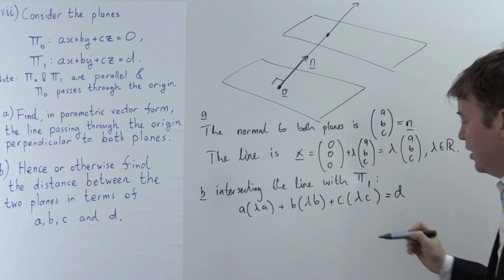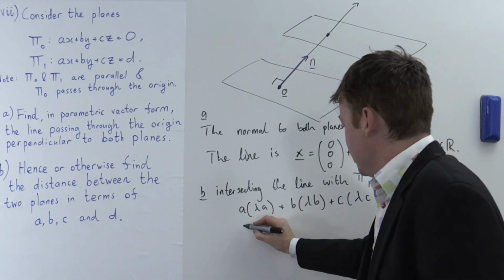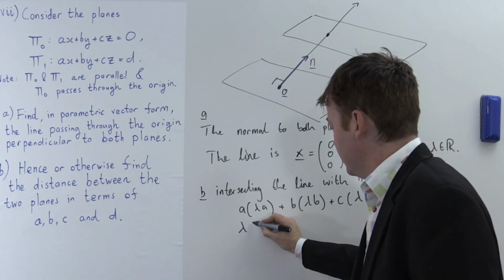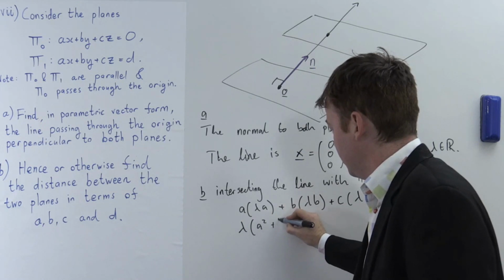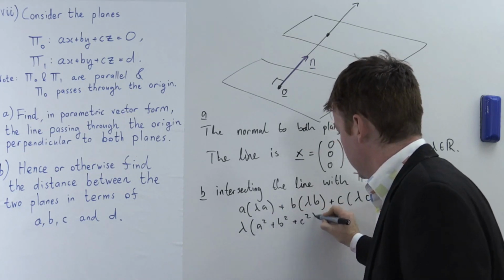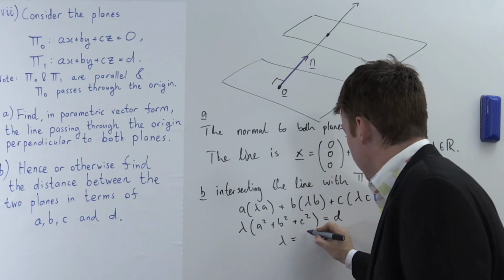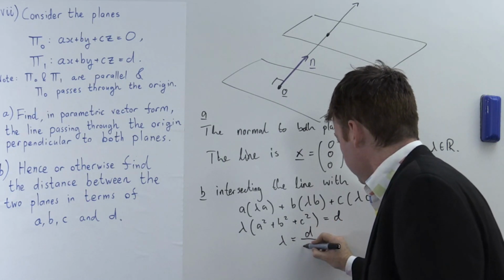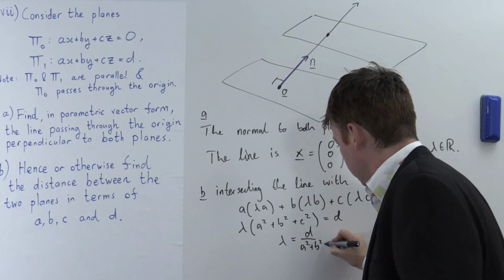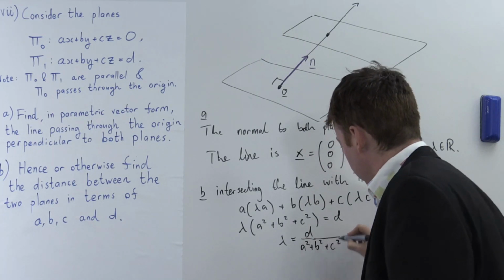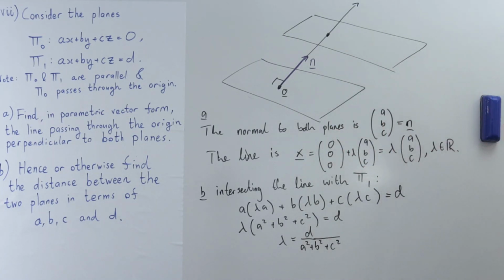So I can factor out my lambda here. This is lambda times a squared plus b squared plus c squared, and that's all supposed to be equal to d, so lambda is equal to d on a squared plus b squared plus c squared.